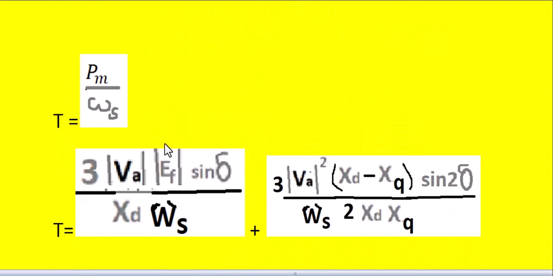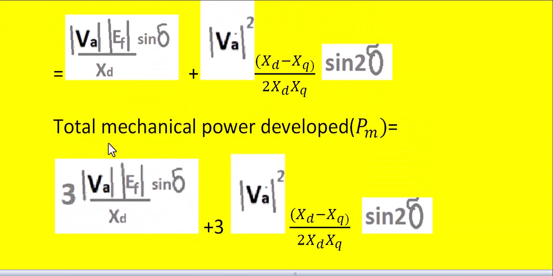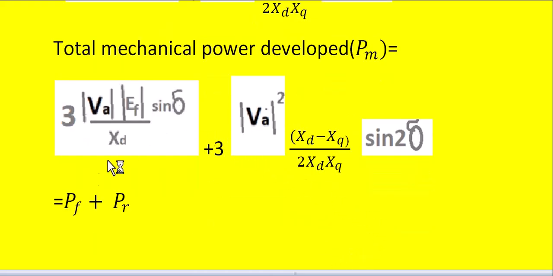It is like this: 3 into VA into EF sin delta divided by XD plus VA square XD minus XQ divided by 2 XD XQ sin 2 delta. And it is observed that the first term is similar to the round rotor synchronous motor power, and PR is the power due to the saliency of the rotor.